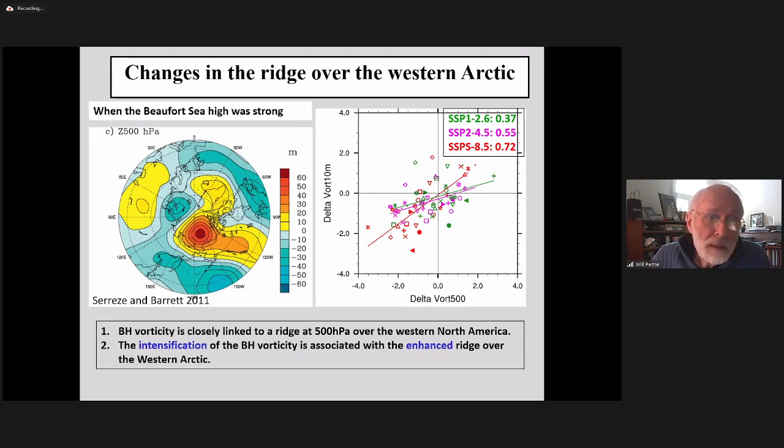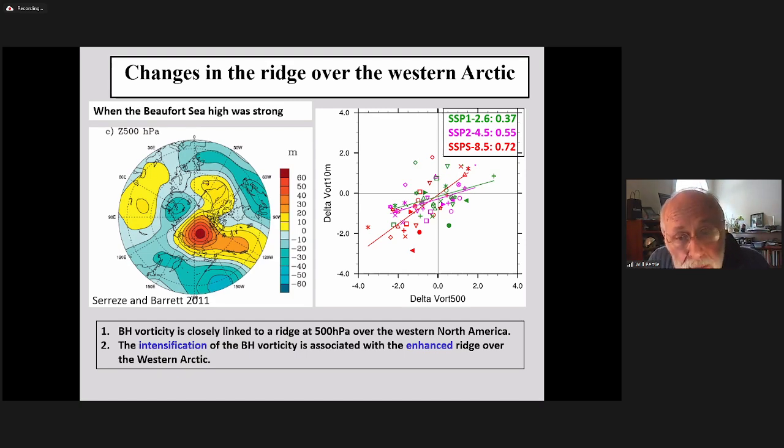What about the changes in the ridge over the Western Arctic? You can see the ridge in the plot in the left panel, and the Beaufort high vorticity is linked to this ridge at 500 hectopascal over Western North America. Strong Beaufort high is usually linked to east of the ridge at 500 hectopascal.